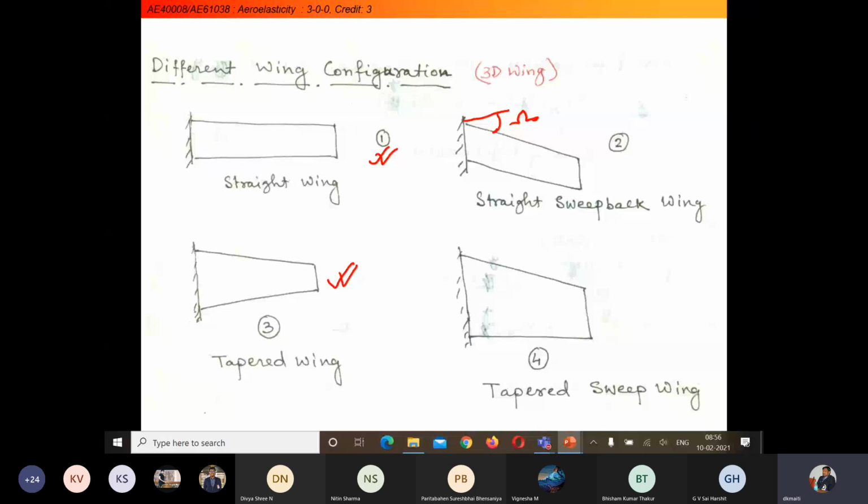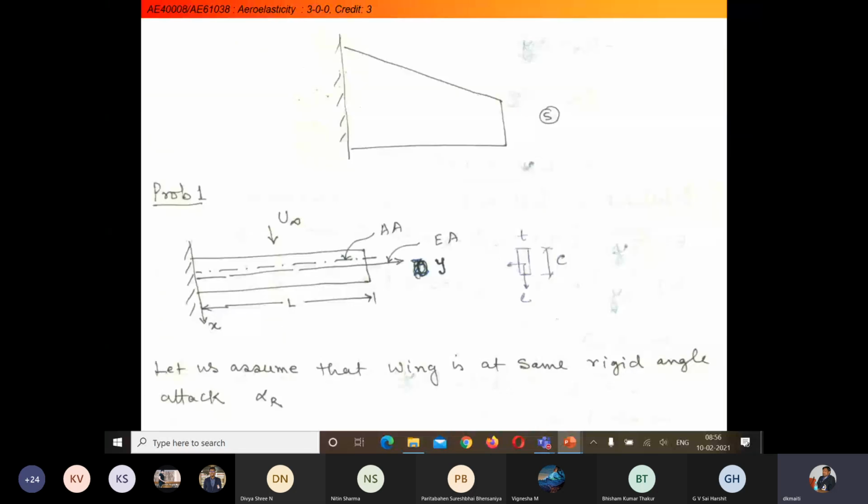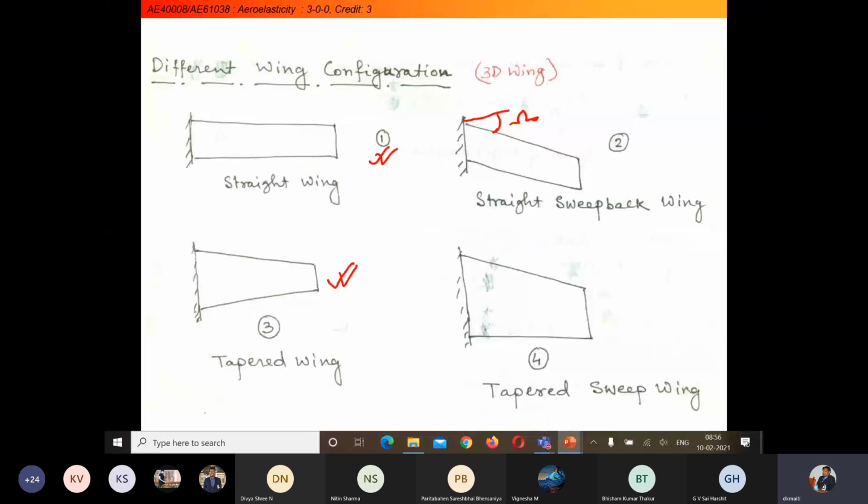And obviously in this case also, initially I will consider the configuration without control surface: a clean wing, 3D wing. Later we will see, after introducing the control surface, how we can do the analysis.